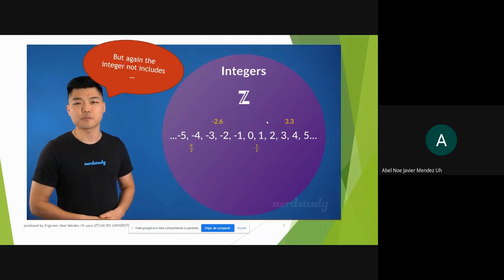But again, the integers do not include the decimal numbers, or the numbers that contain decimals. They do not include fractional numbers, fractional negatives or fractional positives.